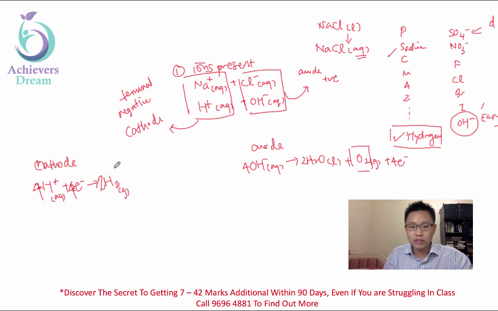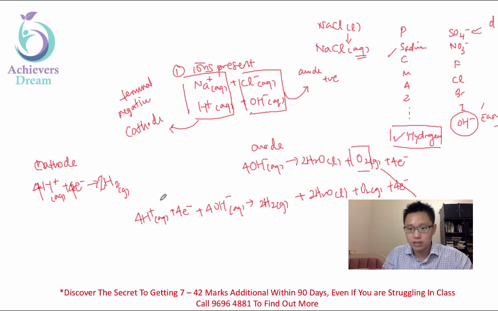So I combine what's on the left and what's on the right, which is 4H+ (aq) plus 4e-, plus 4OH- (aq), gives you 2H2 gas, plus 2H2O liquid plus O2 gas, plus 4e-.